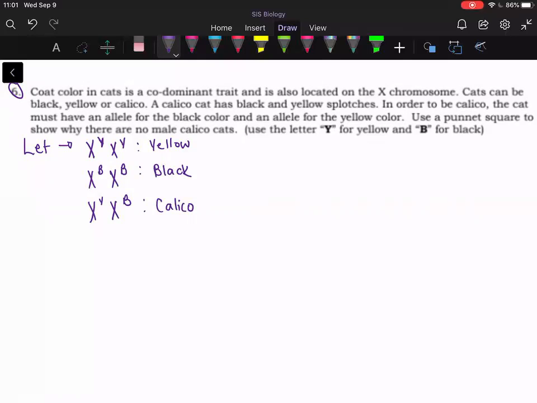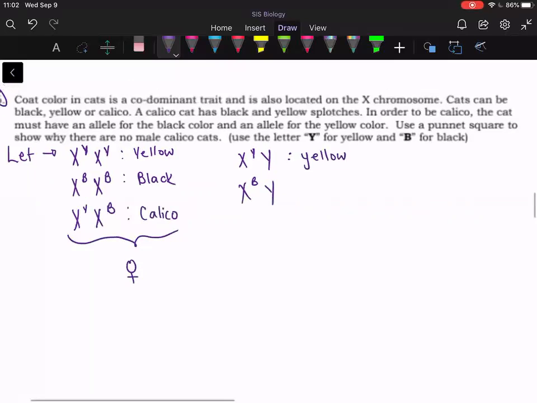Now that's only for females. What about for males? Well, you can have Y and then the male sex chromosome, capital Y, or you can have B and then Y. So this is going to be yellow, and this is going to be black.